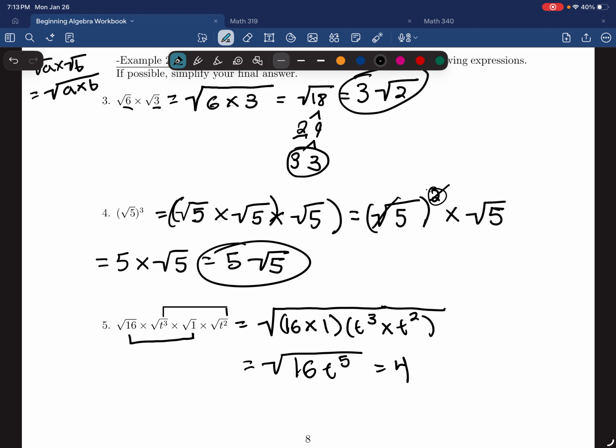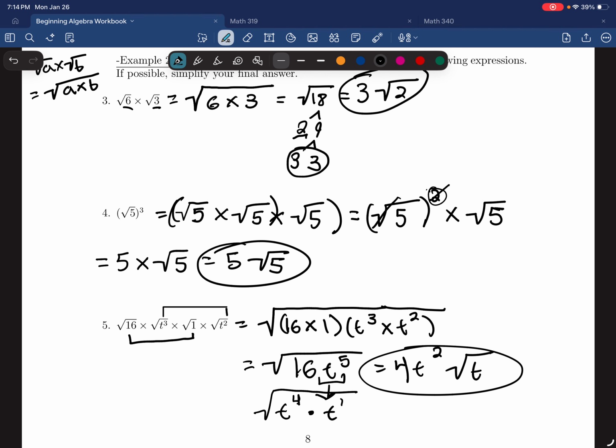And then this t to the 5th here, I know that I can pull apart t to the 5th by saying t to the 4th power times t is equal to t to the 5th power because we add our exponents, so 4 plus 1 is 5. And if we put this under the square root, we know anything to an even power, it's just the exponent divided by 2. So we can divide 4 by 2, so we get 4t squared, and then we have this single t on its own, and that's your final answer.